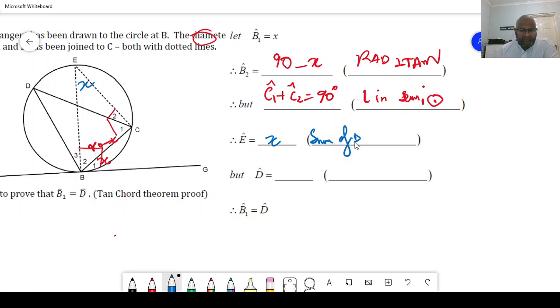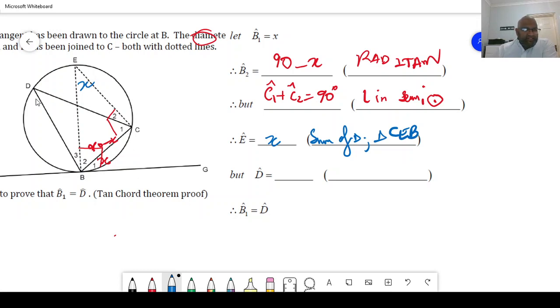Sum of triangles, and it's from triangle ECB or BCE or CEB, doesn't matter the order. Do I have to say this part here? No. So they will have an x there.